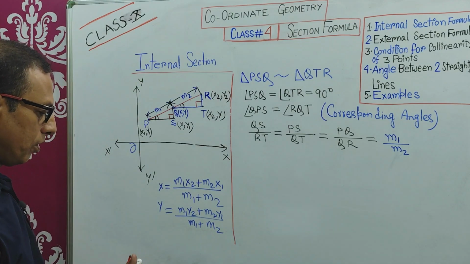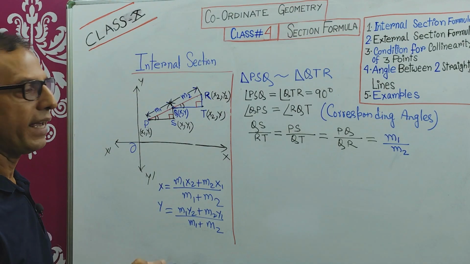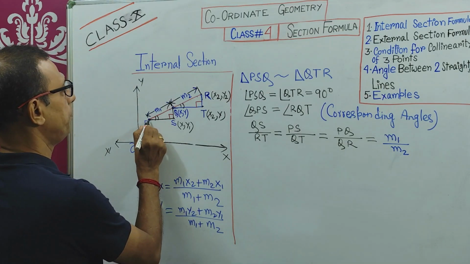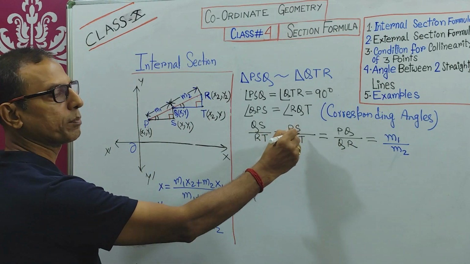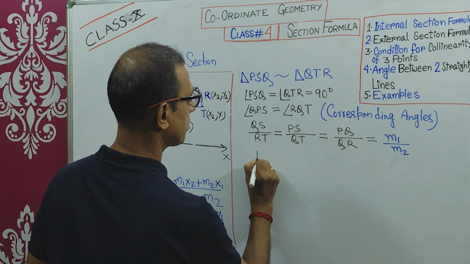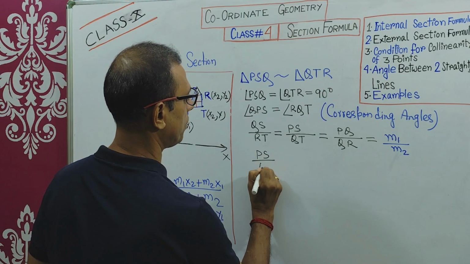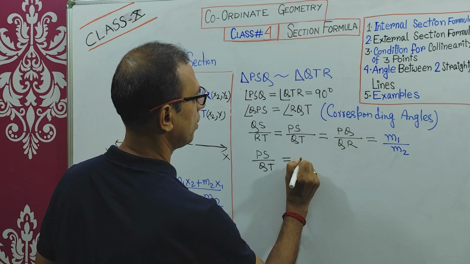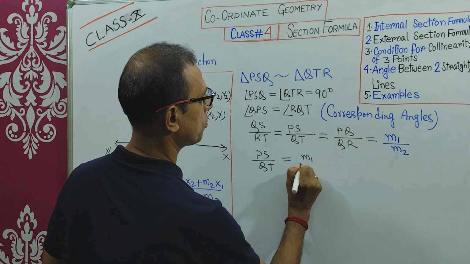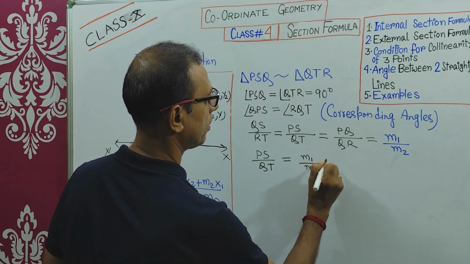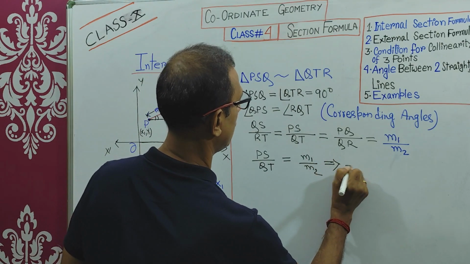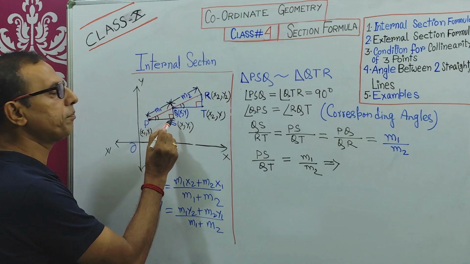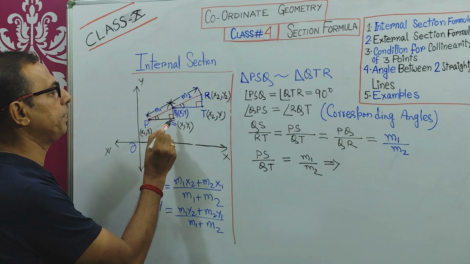Okay, now we will first find the x coordinate. Therefore, which one will we consider first? PS is to QT, this part, right? So PS is to QT equals m1 is to m2. How will we find the length of PS?